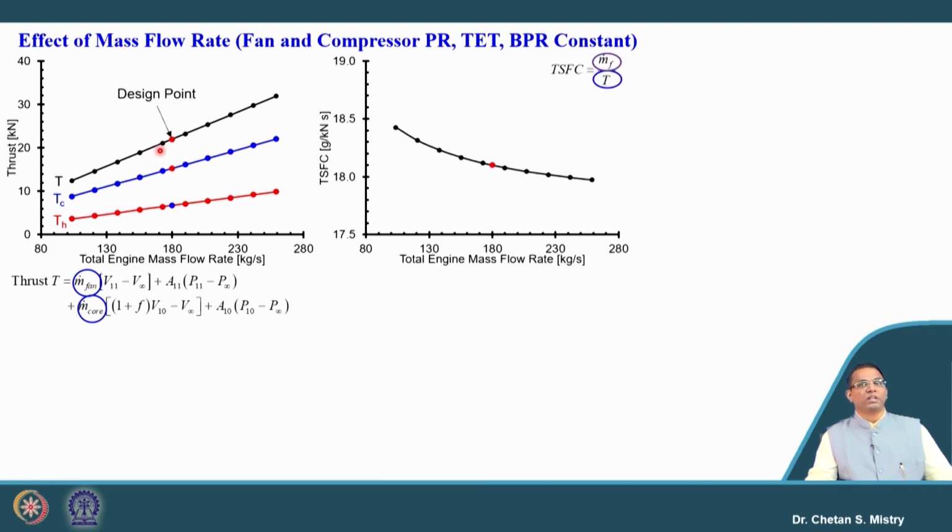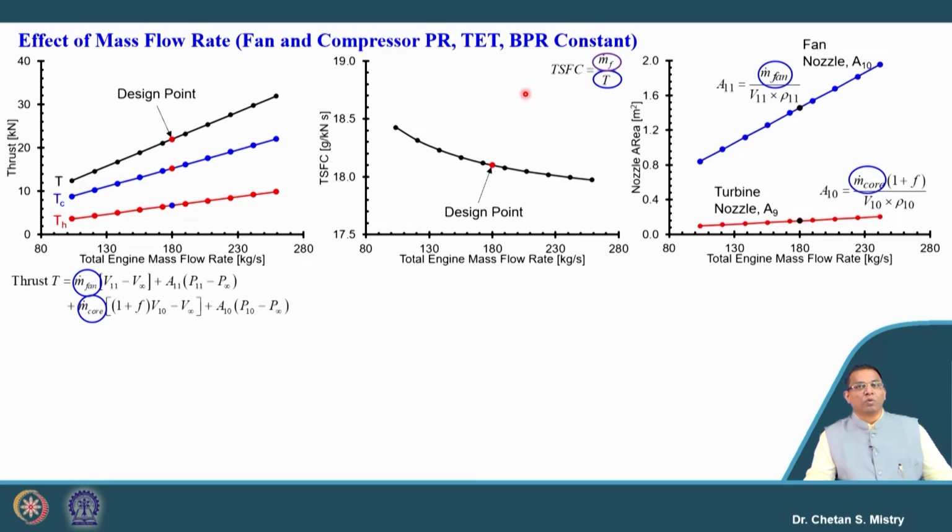Now, here in this case, with the increase of my total mass flow rate, since this term is coming in terms of thrust specific fuel consumption, it says with the increase of total mass flow rate, we will be having reduction in thrust specific fuel consumption. And if we look at this, it is representing the change of area for these nozzles.